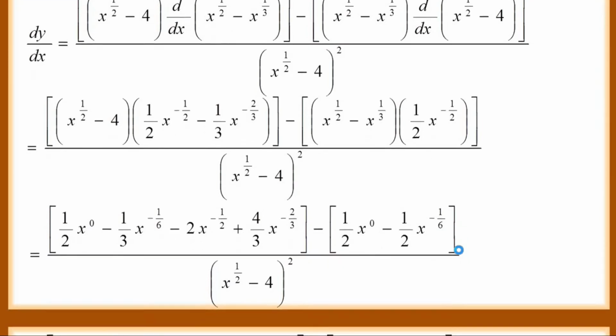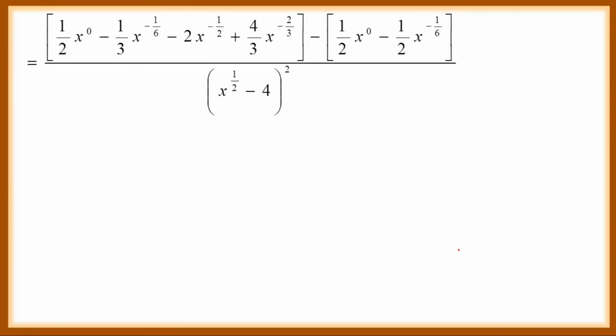Let us continue with our solution. Simplification na lang tayo. This part, x raised to 0, this will become 1. Same goes here. Any number raised to 0 is equal to 1. Kaya matitira dito ay 1/2.